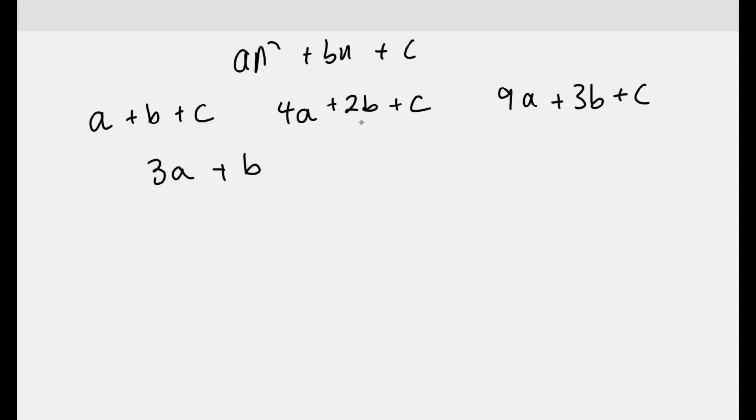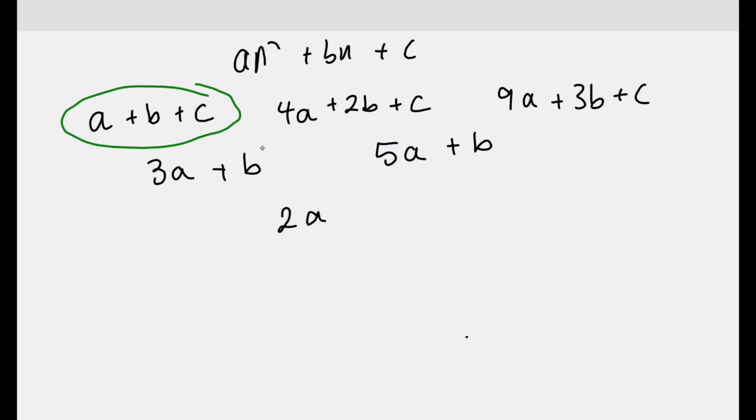So the difference here between 4 and 9 goes up 5, and 2b to 3b goes up 1. So the second difference, 3a to 5a, is 2a. So that's where a plus b plus c, 3a plus b, and 2a come from.